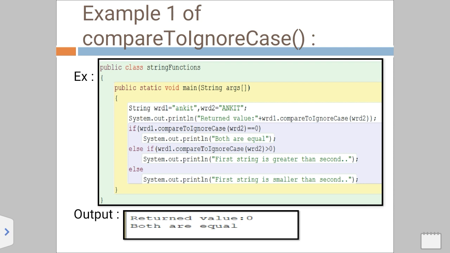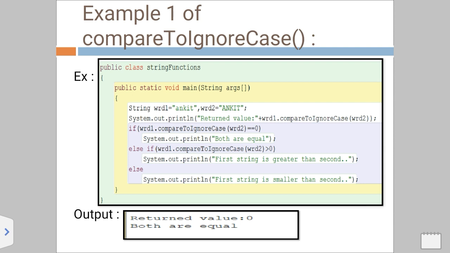It provides us 0. When we are getting 0, it indicates both the strings are equal. Remember that? That's why we are getting both are equal. It is case free. It never shows us a difference of ASCII codes of uppercase and lowercase. Uppercase, lowercase doesn't matter in compareToIgnoreCase. That's why it provides us 0.